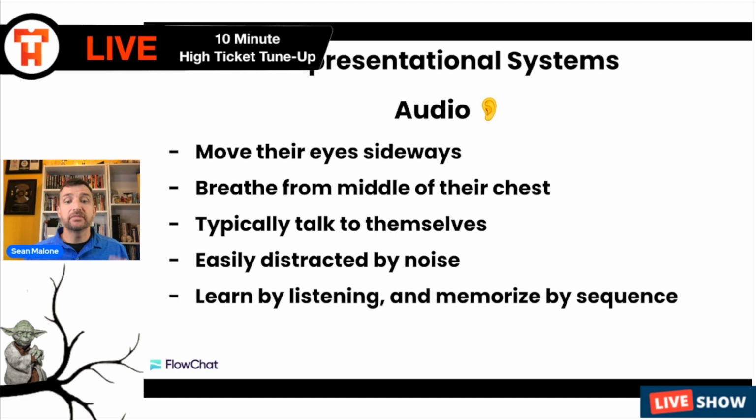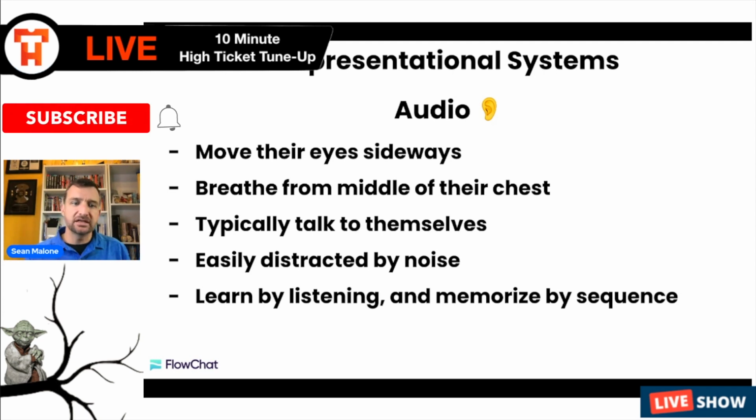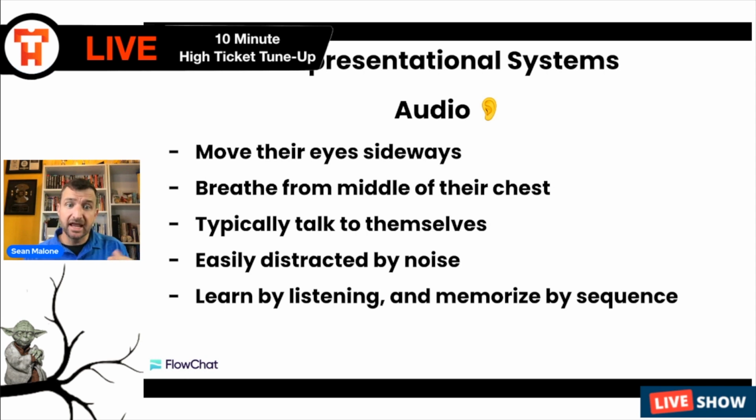Okay. They learn by listening and then memorizing by sequence. Typically, your audio style people are going to be more like your engineering type people. They memorize by steps. They love spreadsheets. They like sequence, right? So when you get to the audio side of things, if you know this is their modality, talk in that language. Just adapt yourself, be the chameleon as the pro sales guy or girl.